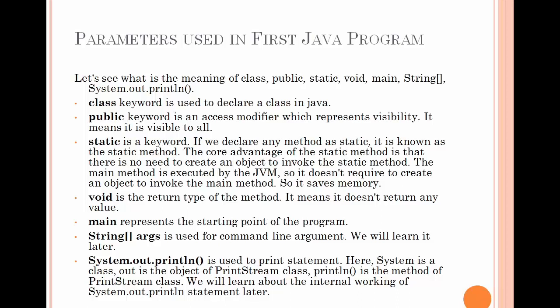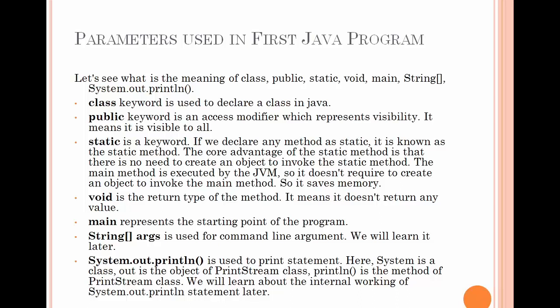If we declare any method as static, it is known as a static method. The core advantage of a static method is that there is no need to create an object to invoke it. The main method is executed by the JVM, so it doesn't require creating any object to invoke the main method, so it saves memory.